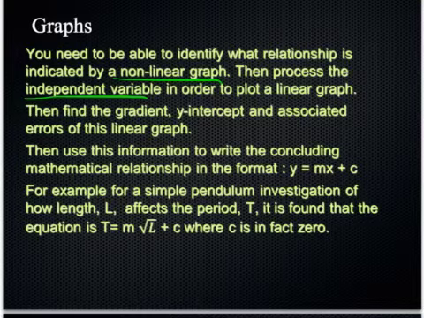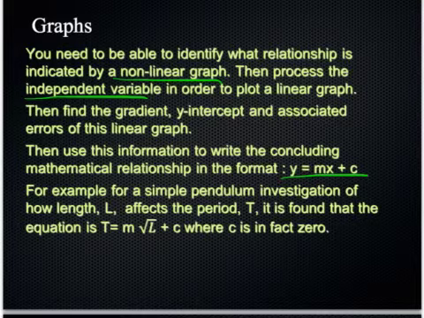You then find the gradient, the y-intercept, and the associated errors of that linear graph. You use that information to write the concluding mathematical relationship in the format of y equals mx plus c, which describes a straight line.